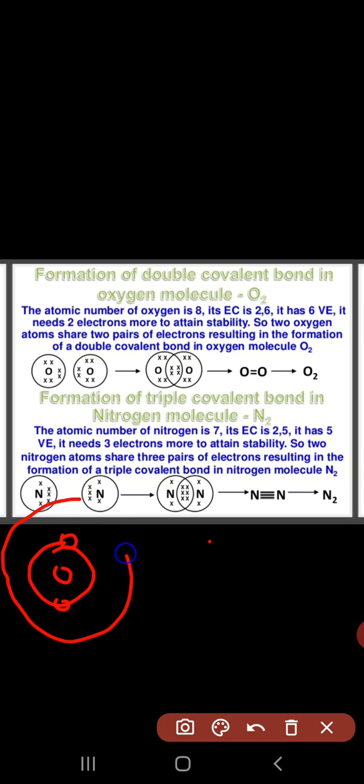So see, if we take the oxygen atom here, at the first shell it has 2 electrons, and at the second shell it has 6 electrons. Here we write 2 and here we write 2.